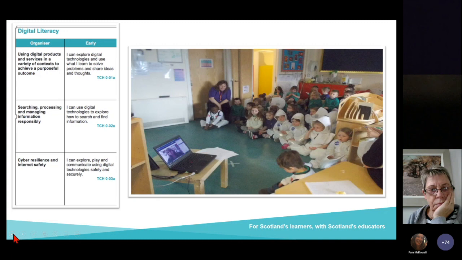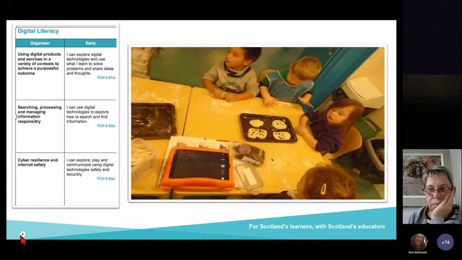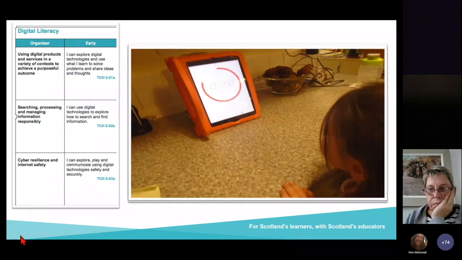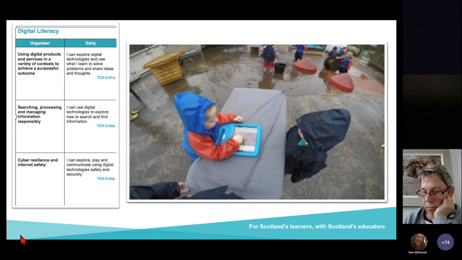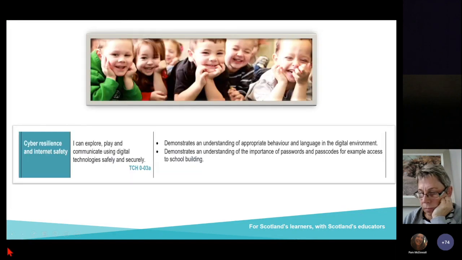Also bringing the outdoors into your classroom, being able to bring astronauts into your classroom, really bringing those experiences to life. So there's lots of really simple examples on how you could use digital technology incredibly effectively. If you've got any other examples, I would absolutely love to hear from you.